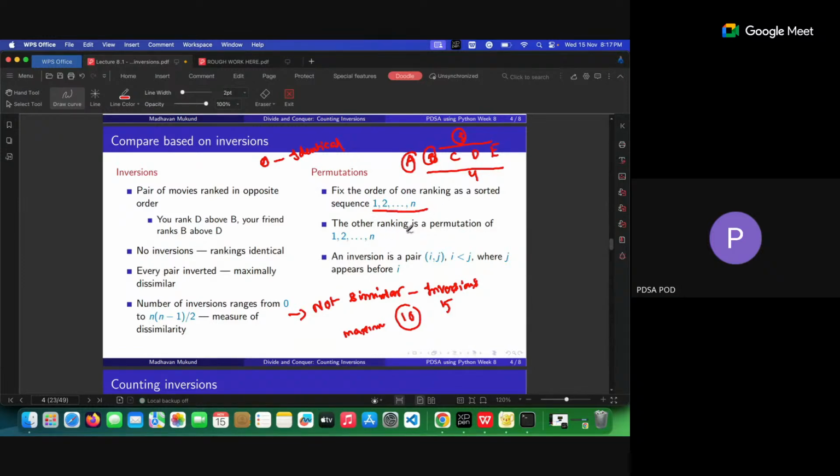The other ranking is a permutation; we take your friend's rankings and try to find it.